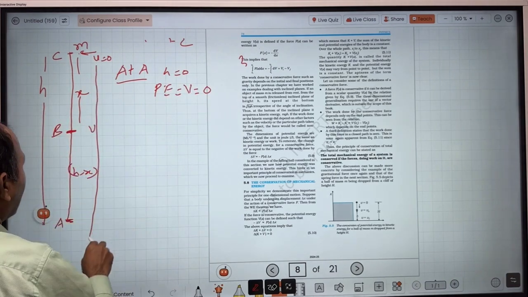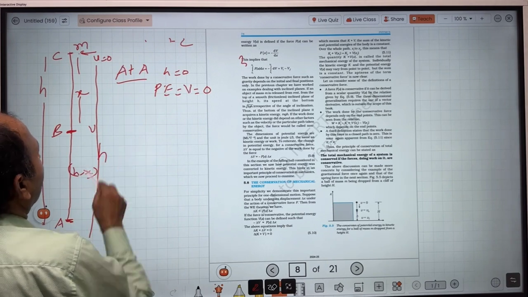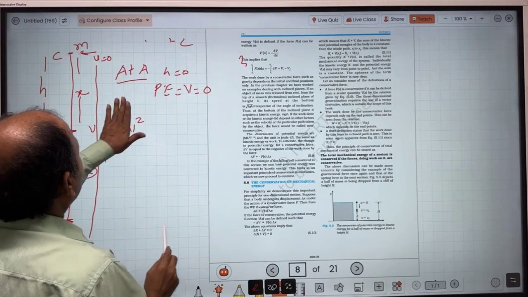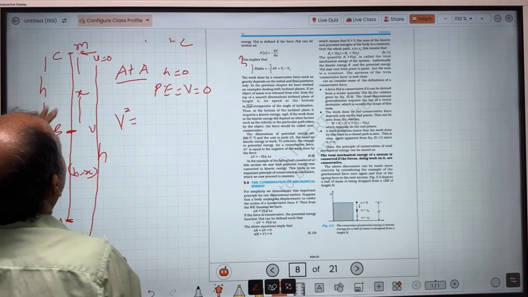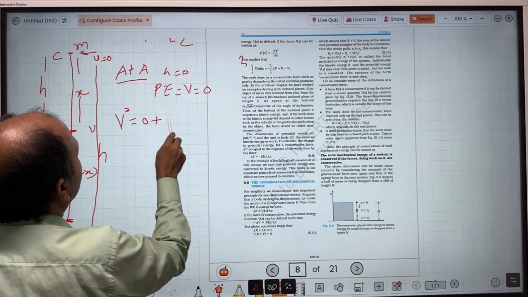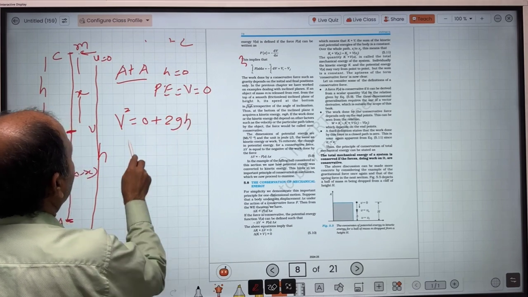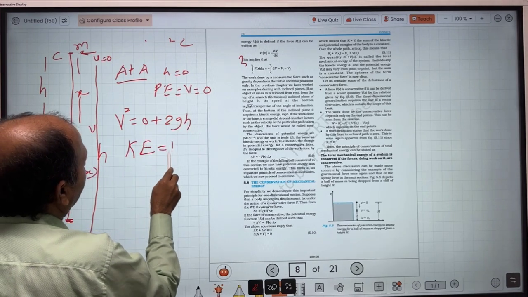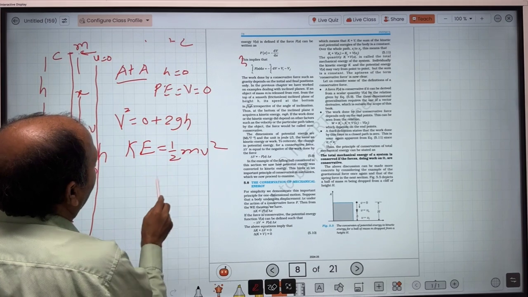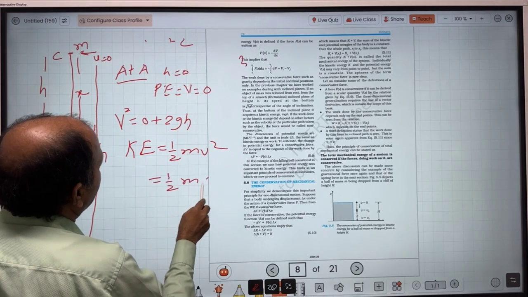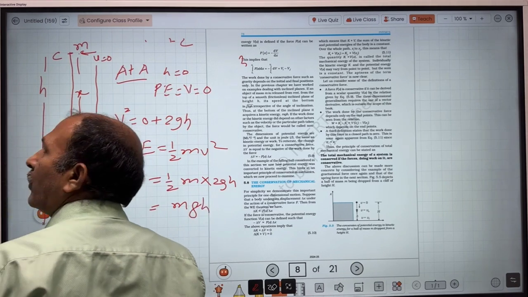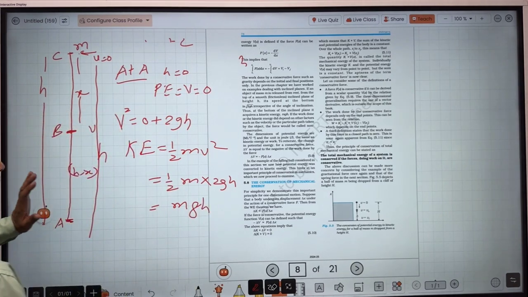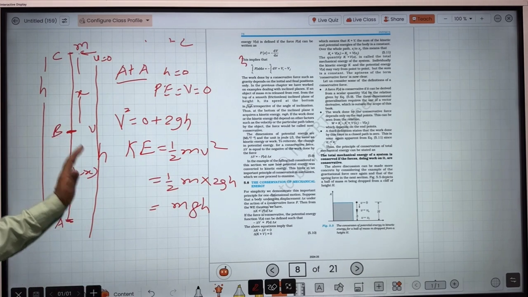But since the object has fallen through height h, we can apply the formula: we assume that at this point the velocity becomes capital V. So V square equals 0 plus 2gh. Let's find the kinetic energy. That is half mv square. We put in the value, one by two m times 2gh, so mgh. So in all three cases you have seen that energy remains conserved.